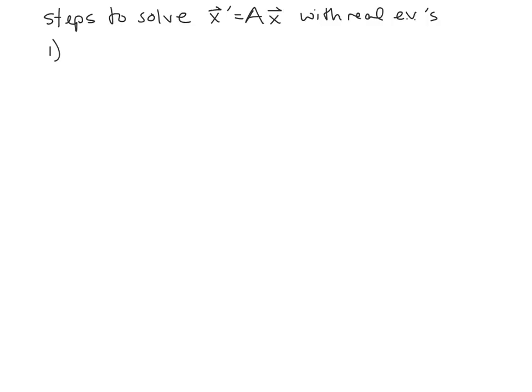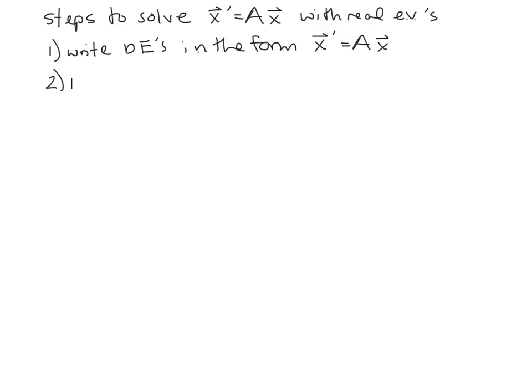So the first thing that you want to do is make sure that you have the right form because you need that matrix. So you want to write the differential equations, there'll be multiple, in the form x prime equals A times x. So really this is saying just find that matrix that goes with it.